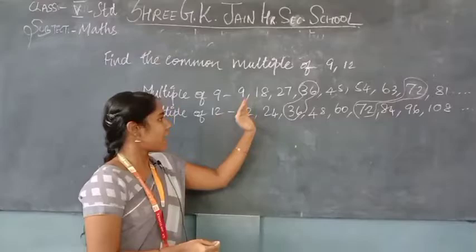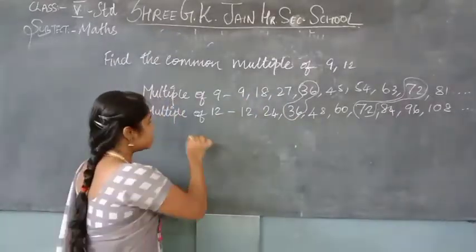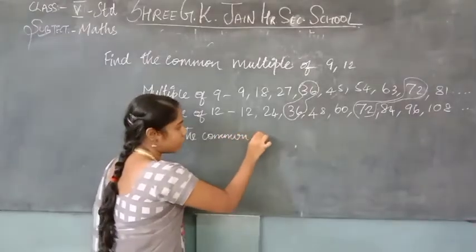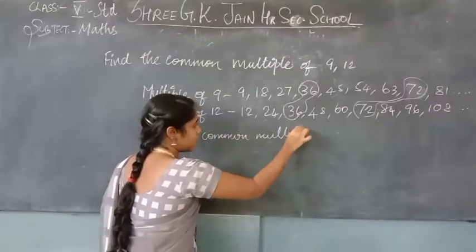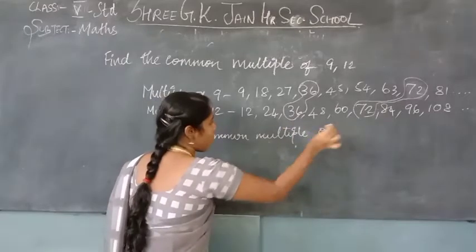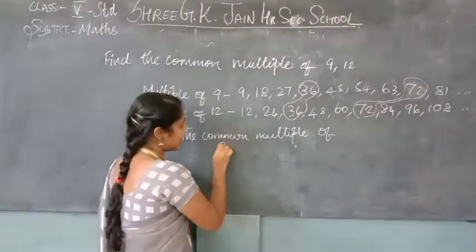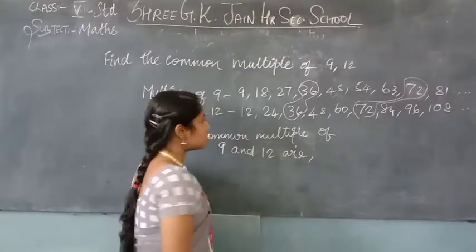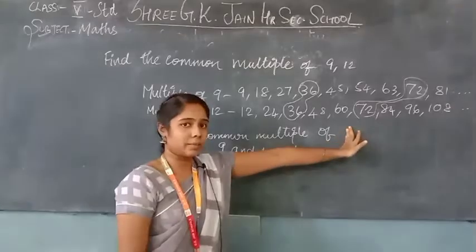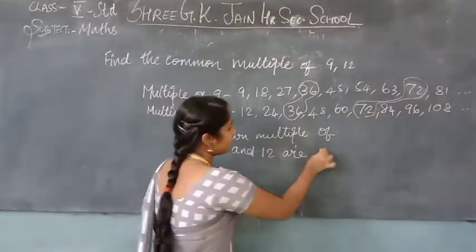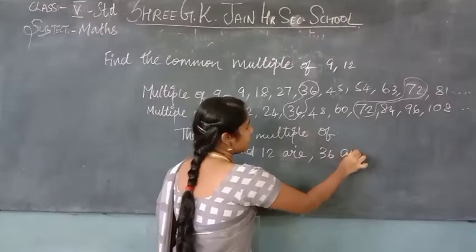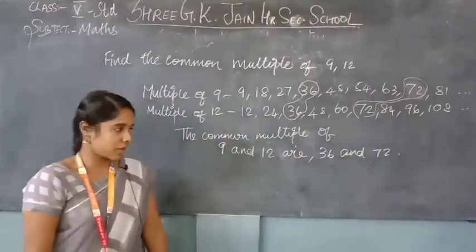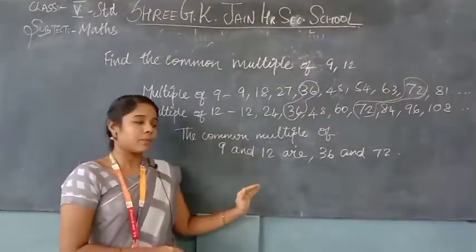No. So we have two common multiples. We write it like this: the common multiples of 9 and 12, up to the 9th multiple, are 36 and 72. This is how you should write the answer and find the common multiples of given numbers.